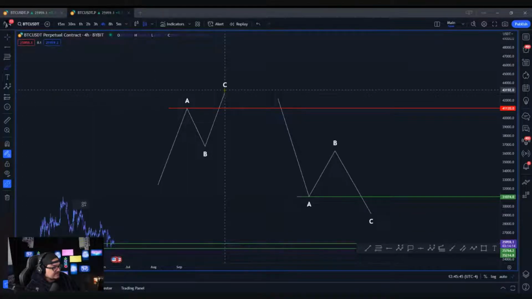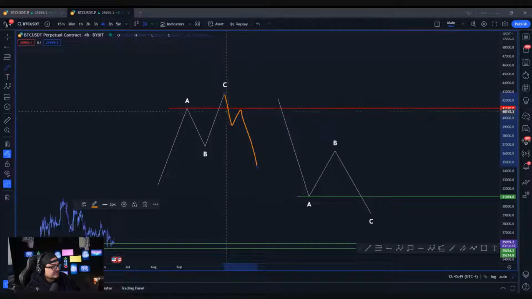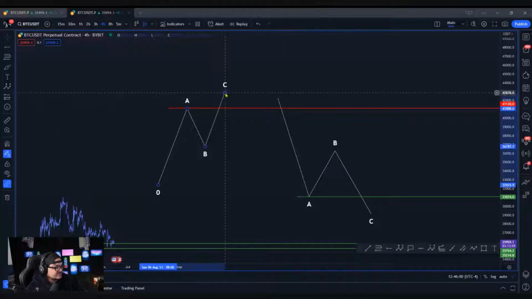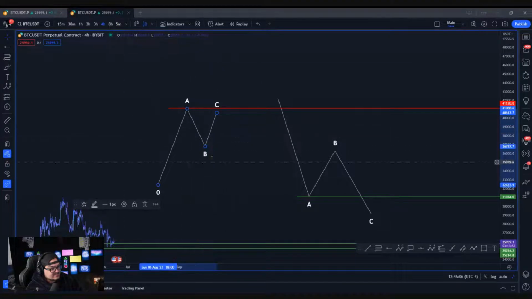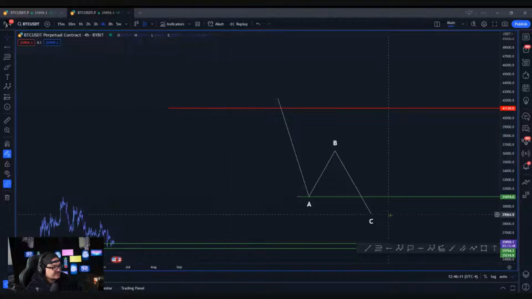Once price gets back below, maybe retests, we can enter as soon as price crosses back below the A. But this only works if the C wave extends past the previous A. Sometimes you get a double top or a lower high. Unfortunately, that does not count as an ABC. You need a continuation past the previous A.